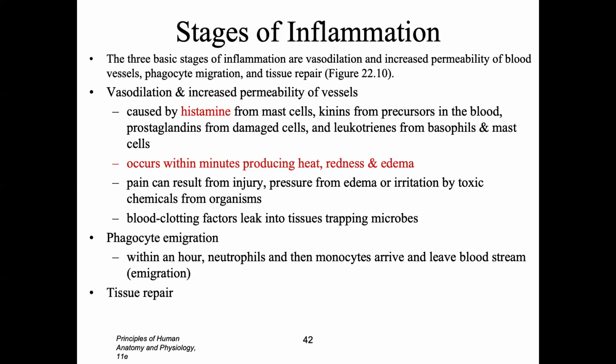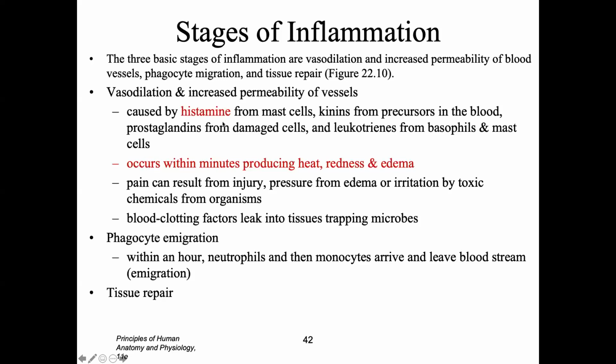When they're in circulation, we call it a basophil. When they're in the tissue, we call it a mast cell, all right? I reversed it a second ago, but it is basophil in a blood vessel, mast cell in that infected region, in the subcutaneous tissue. So they are the same cells, they release the same material. One of the things they release is histamine.